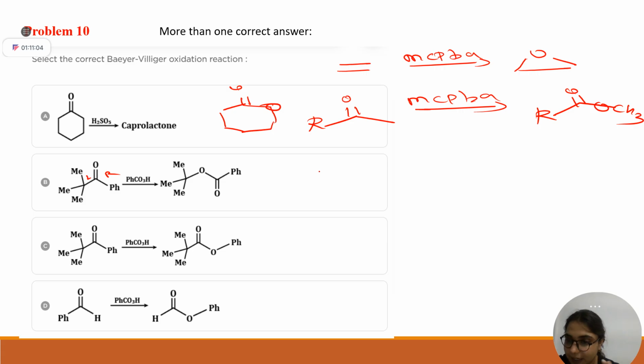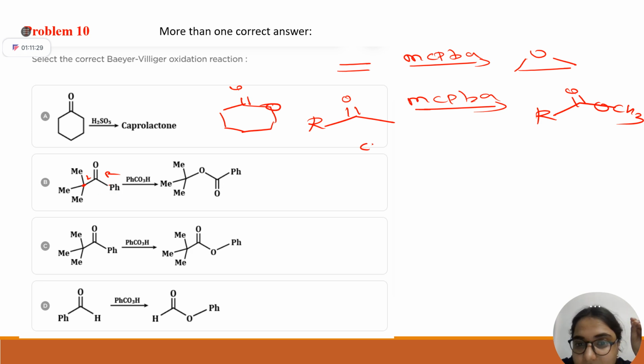Let's say you forget things easily, as we know organic chemistry is volatile. Then how can you decide which group to migrate? You just have to think in your mind: if I migrate this group, where is the carbocation stable? Onto this carbon or onto the carbon of this phenyl? Phenyl, obviously, left side.